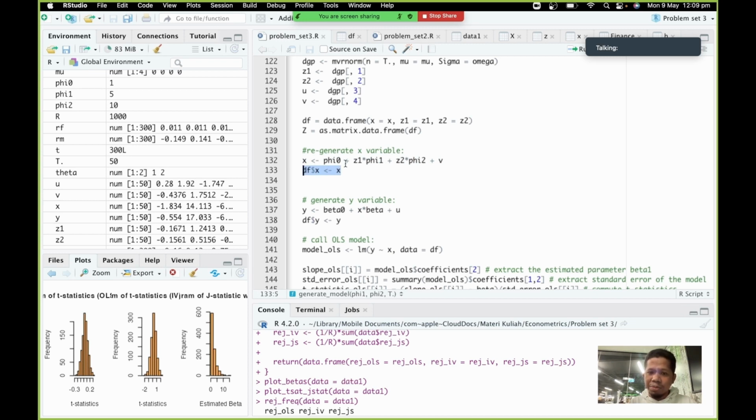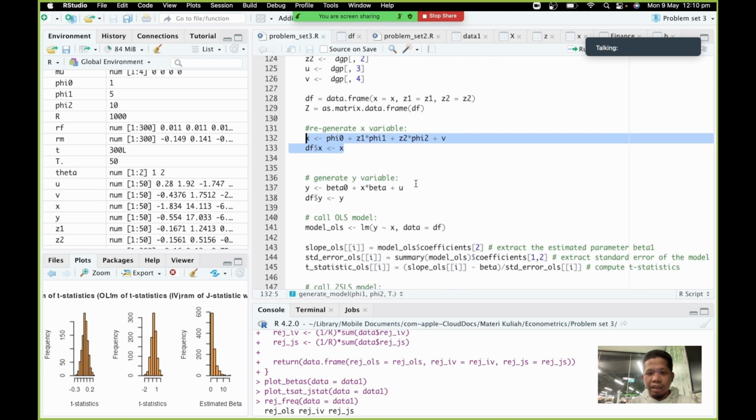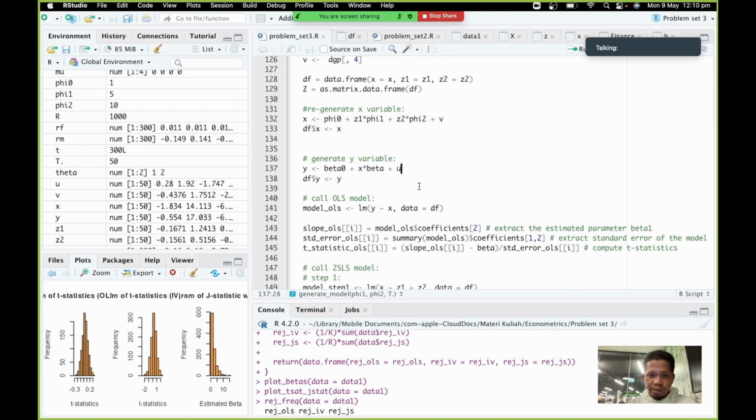I just replace the first x with the value of x that results from the data generating process here. And also again, we need to generate the values for y. So we get the value of y here based on the data generating process from the first equation, and then we have to provide it into the data frame again, right?